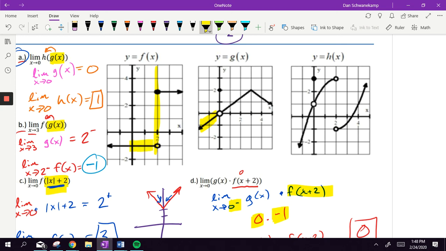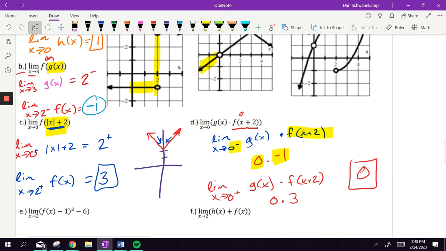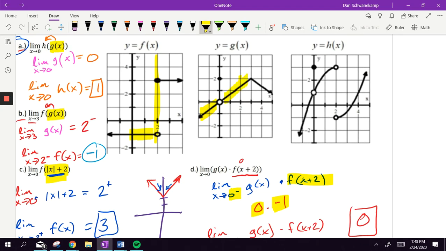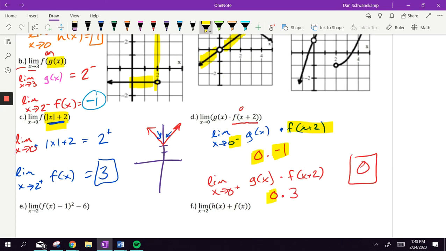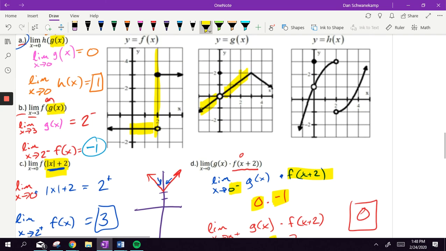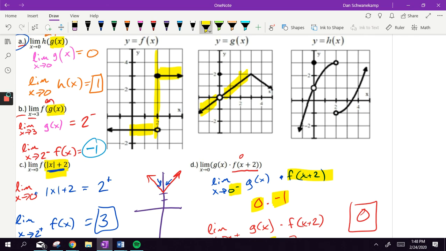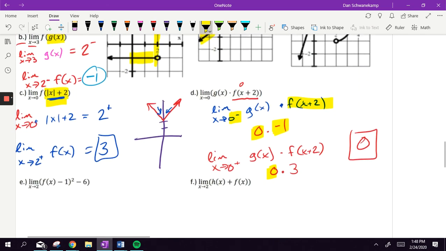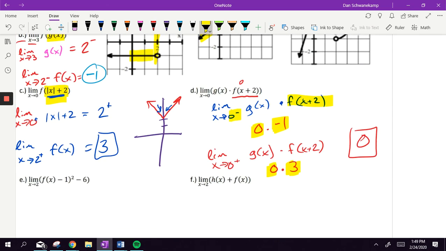So 0 times negative 1. Then we're going to do it from the right-hand side. If I approach it from the right-hand side of g of x, I'm getting closer and closer to 0. And then if I did f of x plus 2, that's approaching this thing from over here. That gets me 3. But since both of them are times 0, it's 0. They're equal to each other. My answer is 0. Makes sense on D.